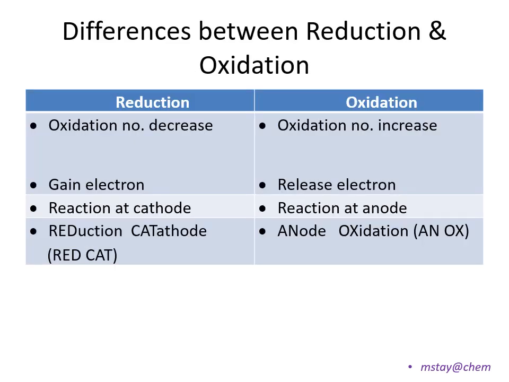So we mentioned redox reaction just now. Basically, redox reaction is the combination of the words reduction and oxidation. So now here we try to check what are the differences between the reduction and oxidation reaction. Normally we try to just remember either reduction or oxidation.